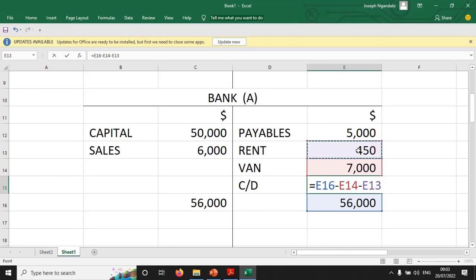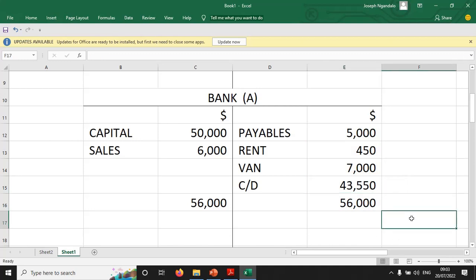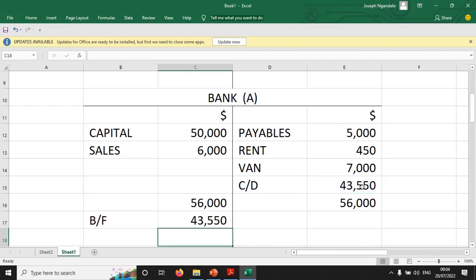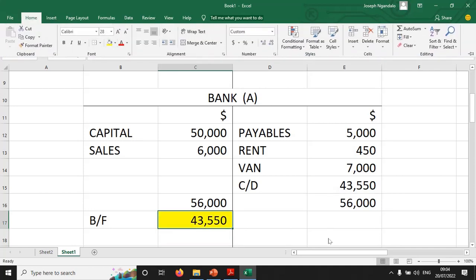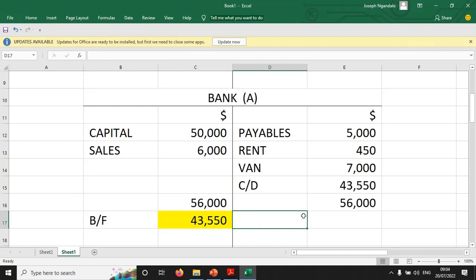Minus 450 minus what? 5. How much are you getting? I'm getting 43,550. Is that what you have? Yes. So the brought forward will be equal to the carry down, and it will be on the opposite side. Did you see that? On the opposite side.